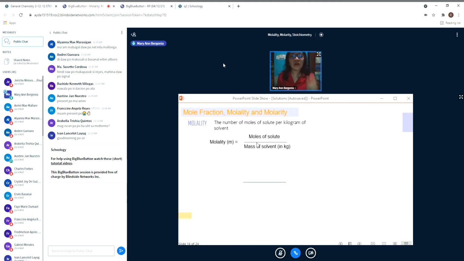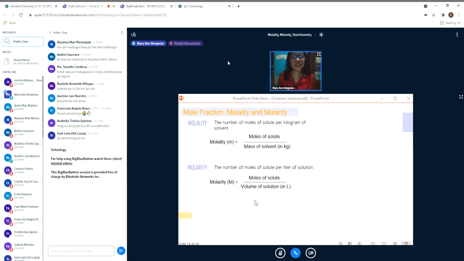Kapag naman pinag-uusapan natin si molarity, this is the number of moles of solute per liter of solution. So, kay molarity naman, ang hinahanap natin, the moles of solute over the volume of solution.